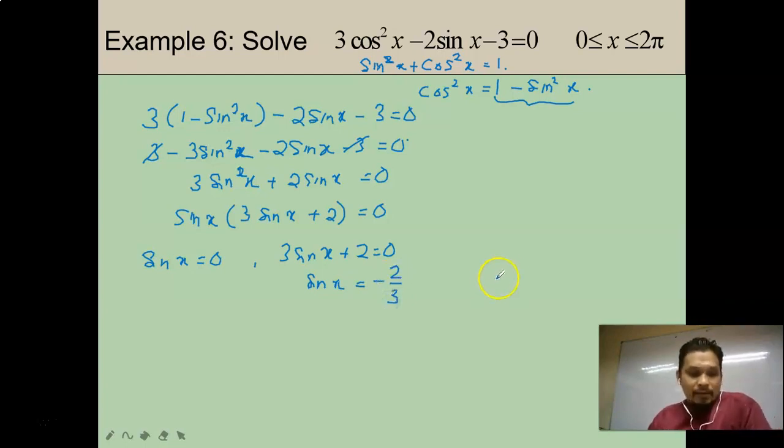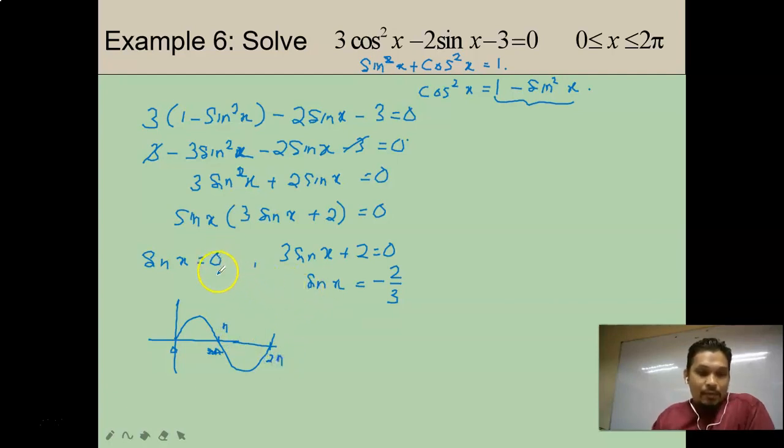So by using the graph of sine, special case for this one, sine x equals 0. Sine begins from the origin point here, 0 to pi, okay, 0 here, pi and 2 pi.